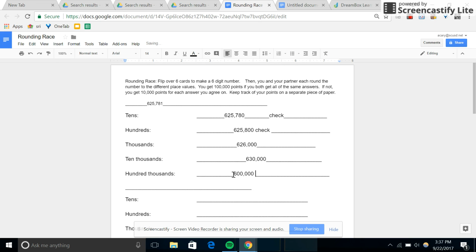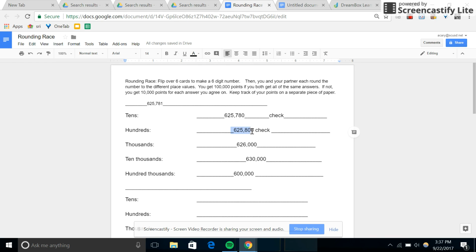The math that we're doing in class requires them to round to different place values so that they can create strong estimates when they're adding multi-digit numbers. The kids can add proficiently for the most part. What they're struggling with is the estimation part. In class, we also had a conversation about which estimate is fastest for us to work with in our head and which estimate is most accurate.